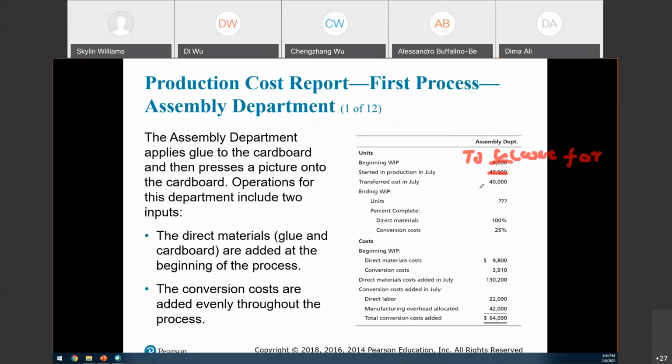Well, accounted for is either still in process units or completed and transferred out units.